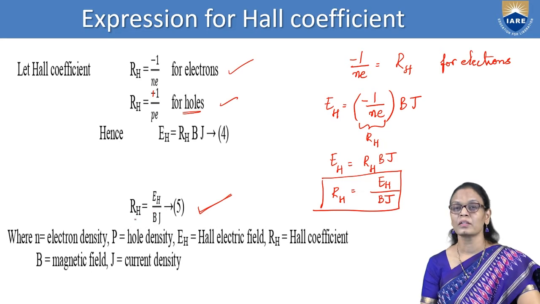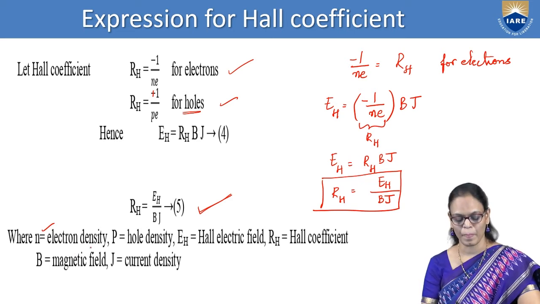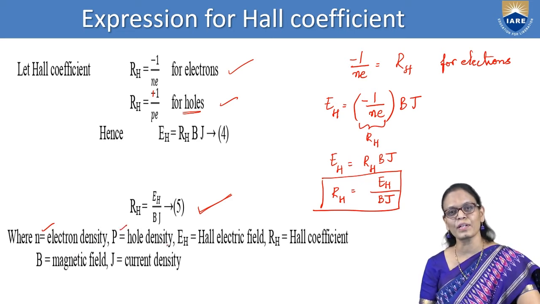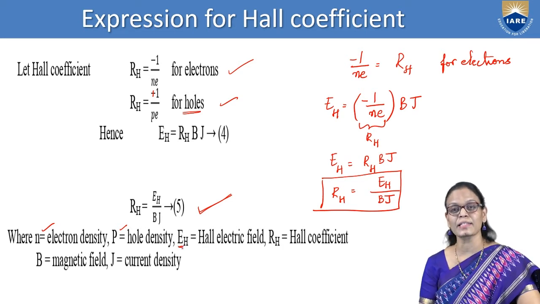What these terms represent here is: N represents the electron density, P represents the hole density, EH is the Hall electric field, the electric field that is developed due to the Hall effect. So we are presenting it as EH, the Hall electric field.